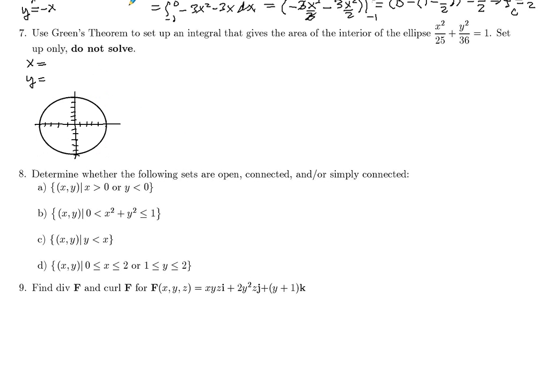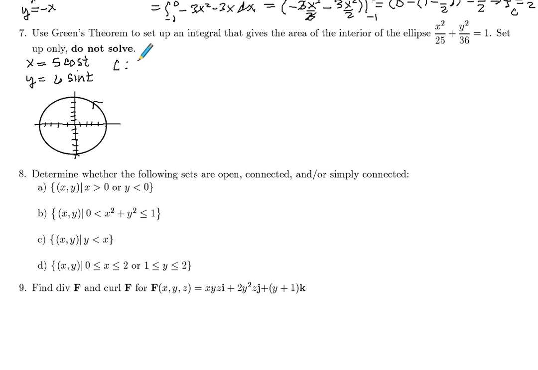And to get the plus or minus 5 in the x direction instead of cosine t, we want 5 cosine t. And to get the plus or minus 6 in the y direction, we want 6 sine t. And we want positive orientation here, so that's going to be 0 around to 2 pi, because for Green's theorem we want positive orientation.